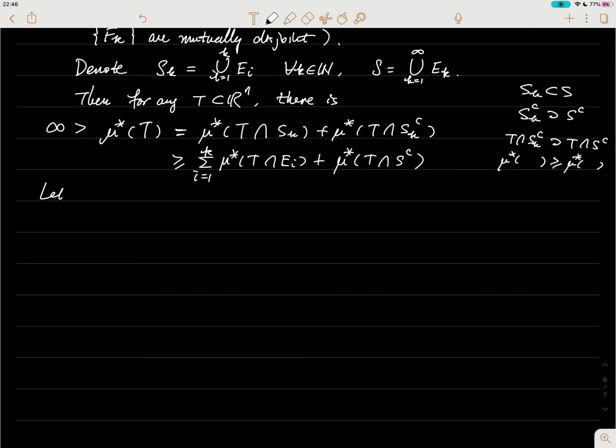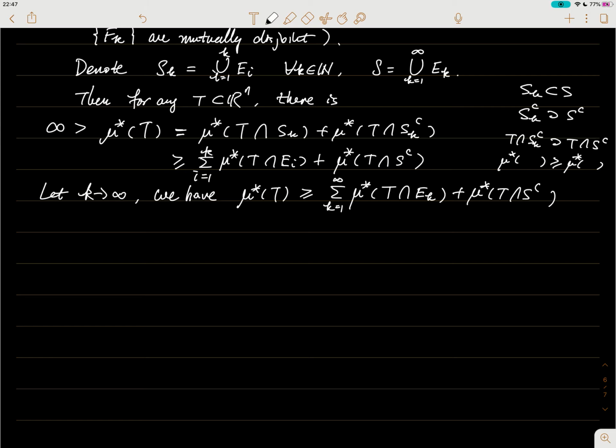So let k go to infinity, we have the outer measure of T is bigger than or equal to the infinite sum of mu star of T intersect E_k plus mu star of this.